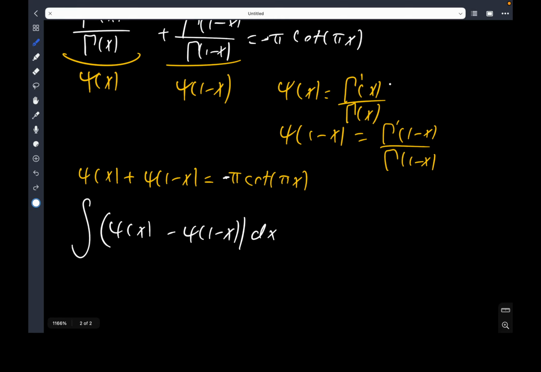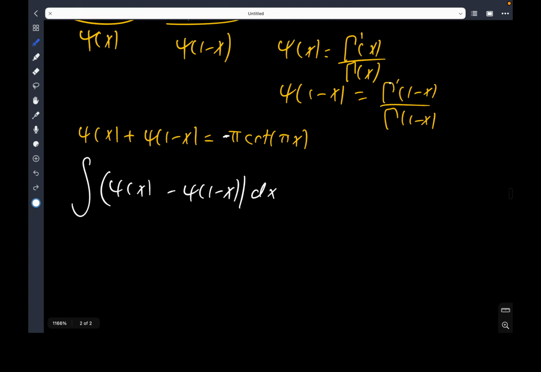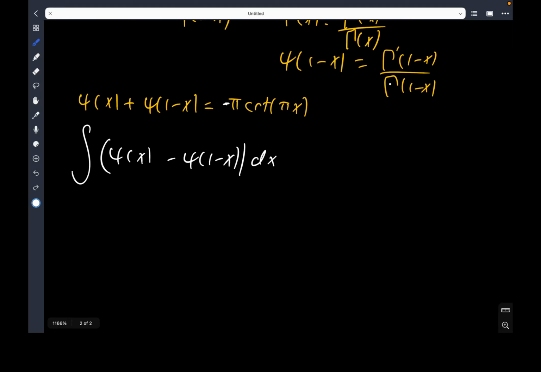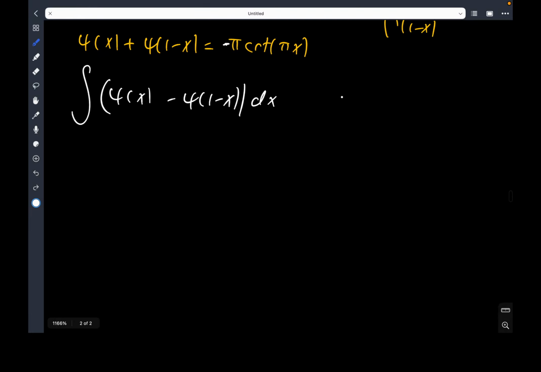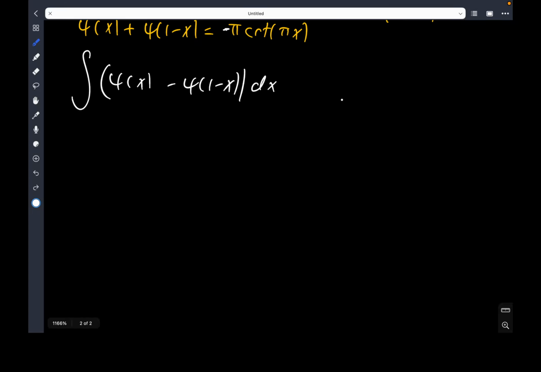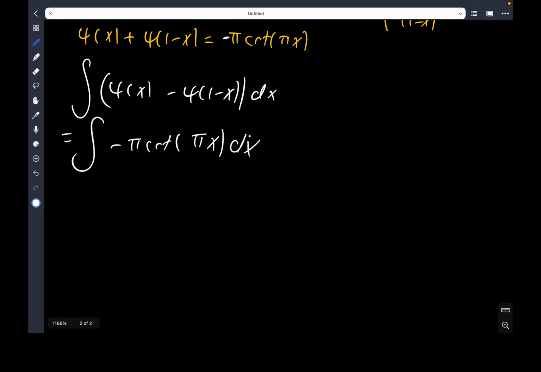So this integral here would become the integral of negative pi cotangent of pi x dx.